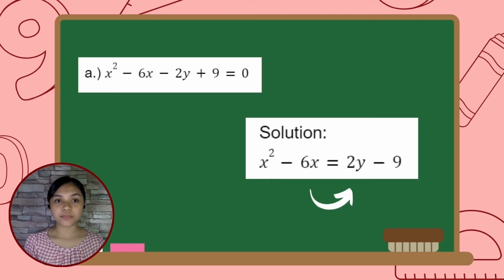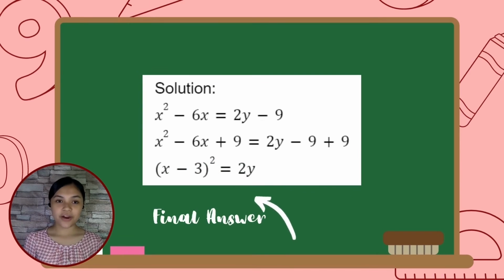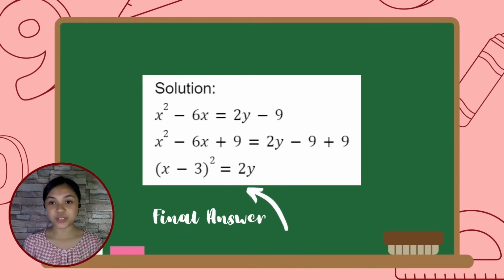It will become 2y minus 9. Negative 2y will become positive, and positive 9 will become negative 9. Now we have the square of a binomial. That means we need to make our left side a perfect square trinomial. The square of the binomial, so our answer will be the quantity x minus 3 squared equals 2y minus 18.